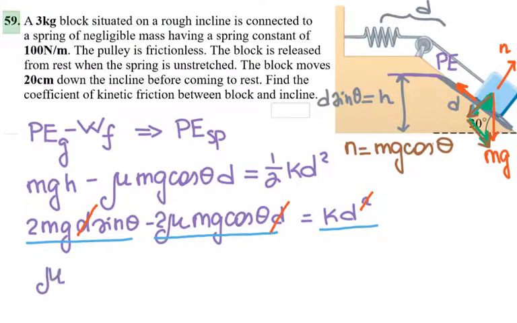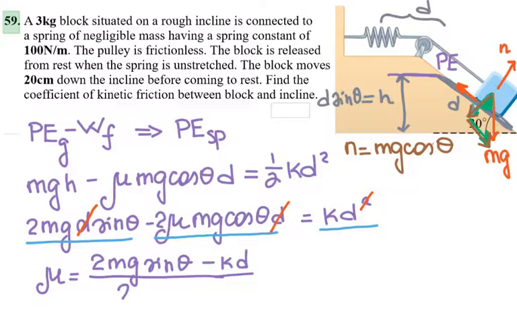Mu is equal to, I'm going to skip some steps again. So I'm going to move my mu term to the right and kd to the left, and then divide by whatever mu is multiplied by. So I have 2 mg sine theta minus kd, and divide it all by 2 mg cosine theta.